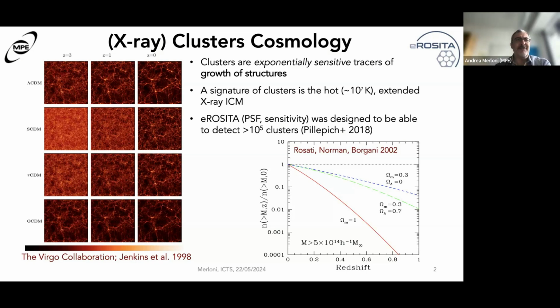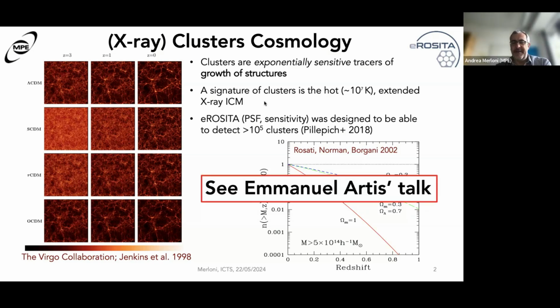So roughly speaking, this was the design-driving science of eROSITA, but I will refer to Emmanuel's talk for what we actually have accomplished with this telescope in terms of cluster finding and cluster cosmology.